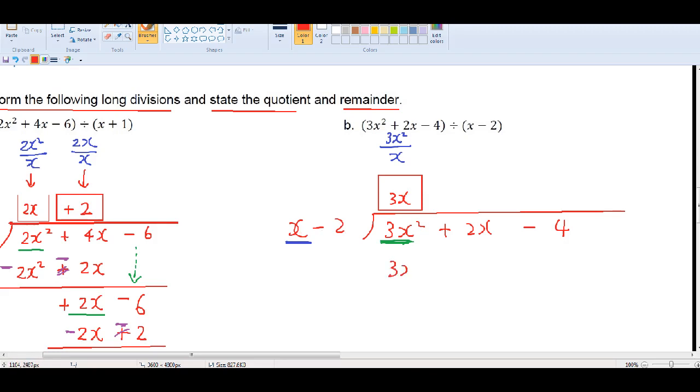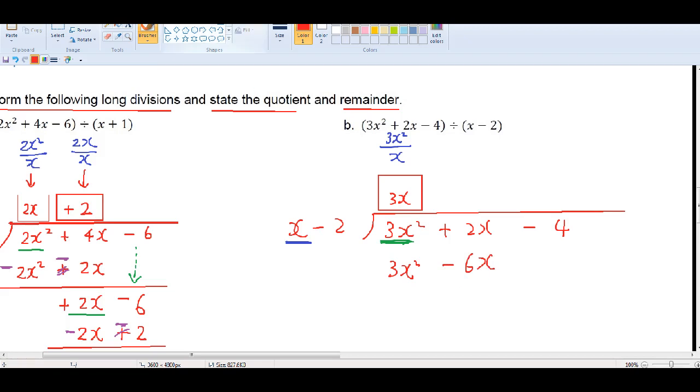So you should see two terms. Always check that the first term you get is identical to the term in the line above. For the new line, the leading term must be the same as the term above, right? So 3x times minus 2 gives you minus 6x.